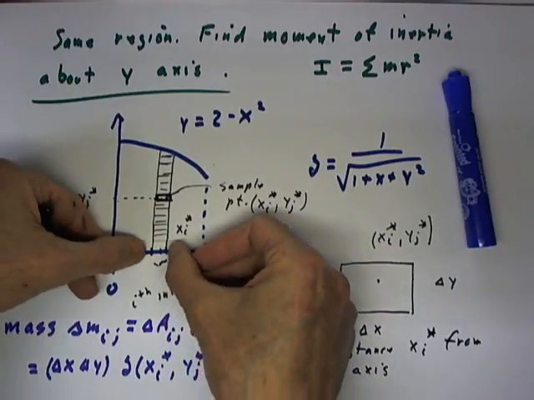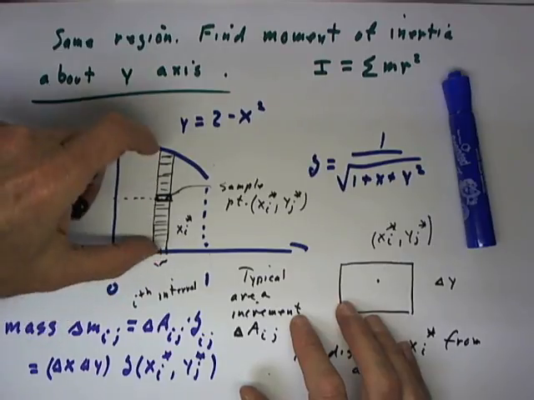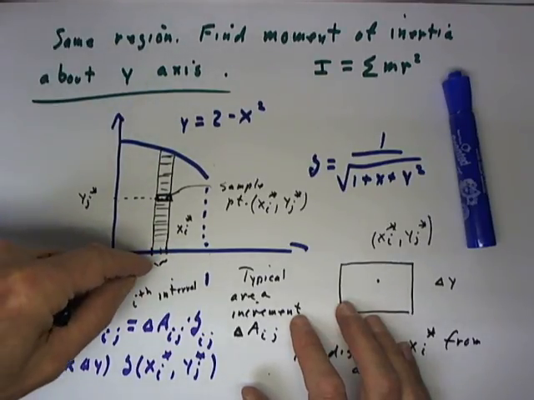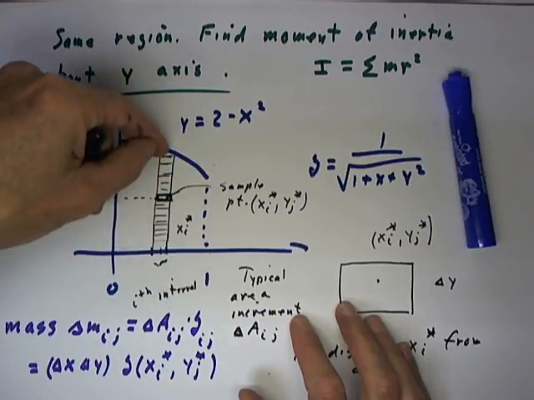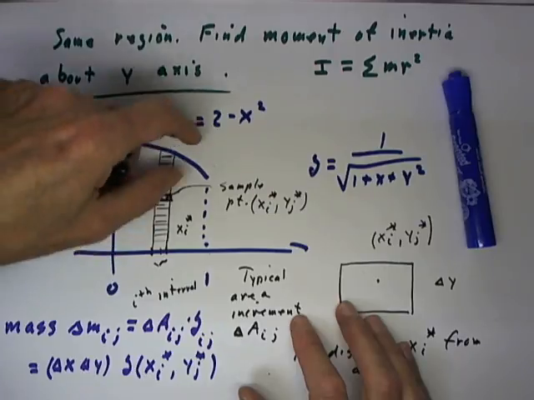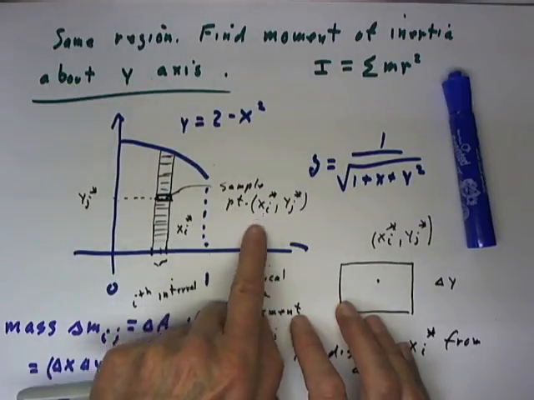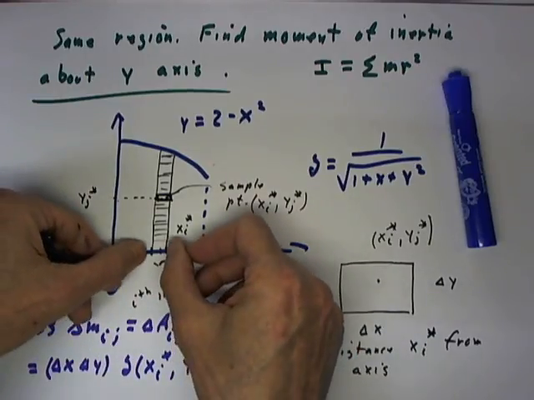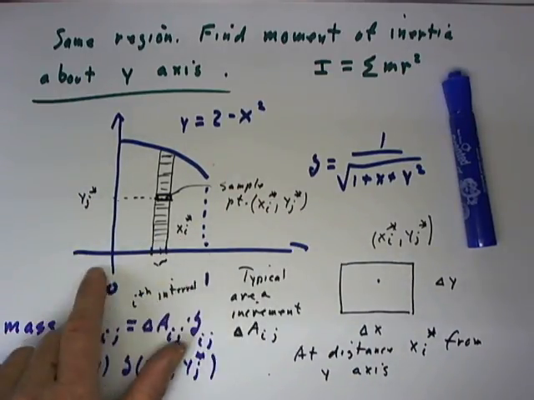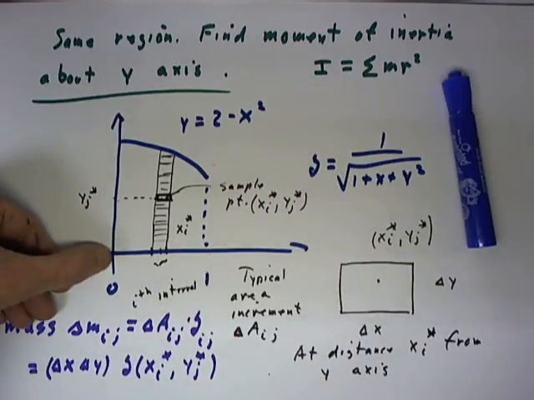For every x interval, we have a subdivision along the y direction that runs from the x-axis up to y equals 2 minus x squared, with the x evaluated at x sub i star. And then we sum that over all other subintervals of the x interval.